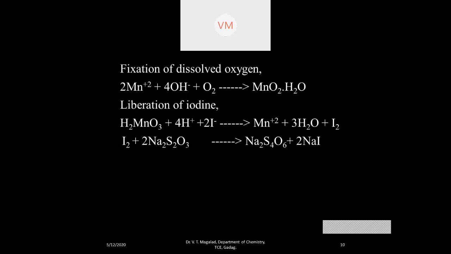Here are the reactions that are involved in the experiment. This is the alkaline condition, and manganese sulfate will be oxidized to manganic acid, and then this is going to be established with the help of the iodine.